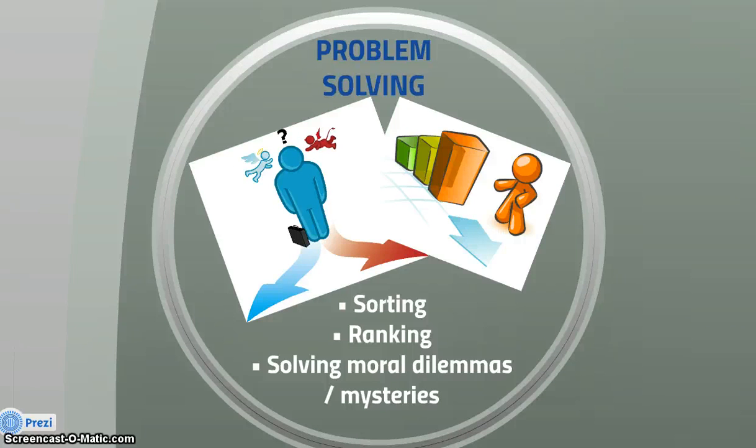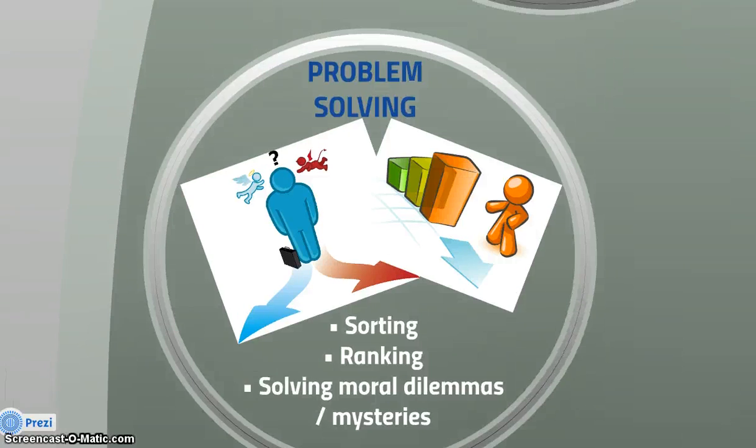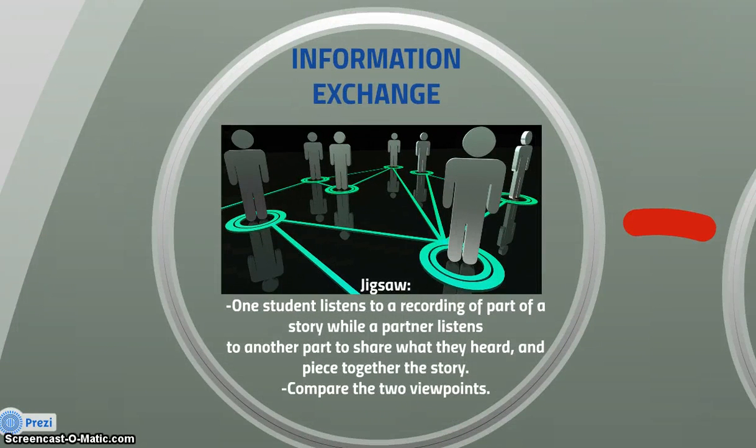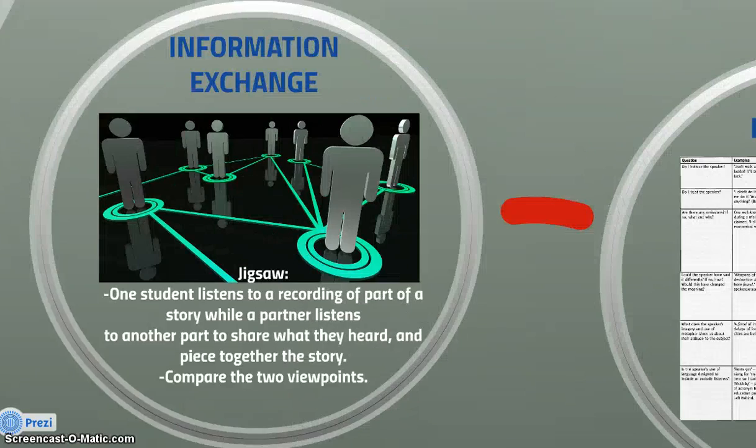And with problem solving activities, students can do sorting, ranking, solving moral dilemmas, but it is also important to use these activities with students who are not at beginner level. With information exchange, you can make them exchange information about what they have listened to before.